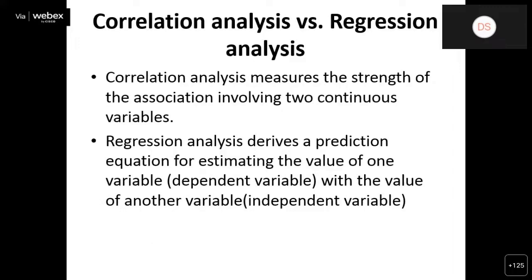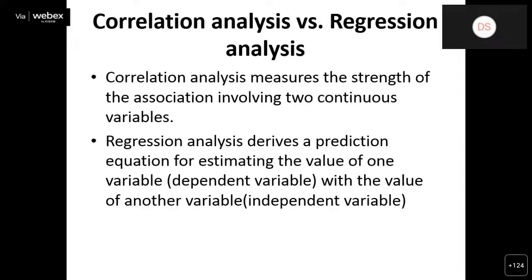So when you see correlation analysis versus regression analysis, the correlation analysis measures the strength of the association involving two continuous variables. Here one requirement is there: both of them should be continuous variables. The examples which we told are the distance and the number of visits.